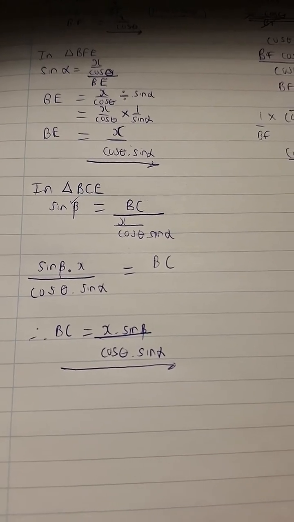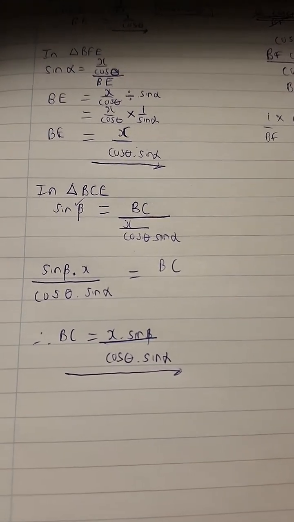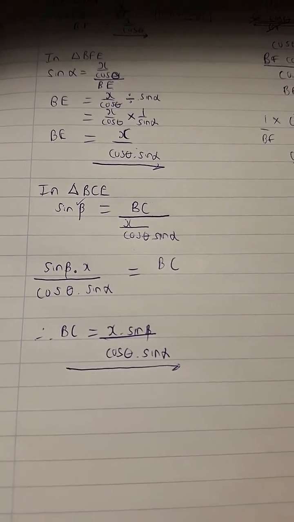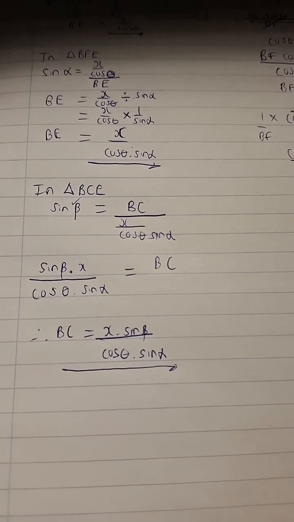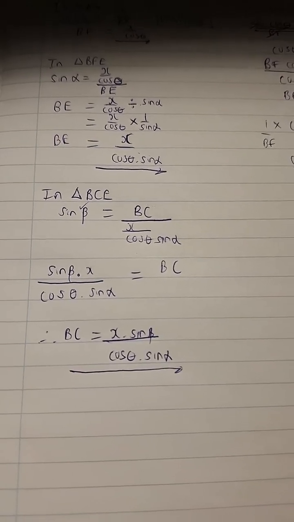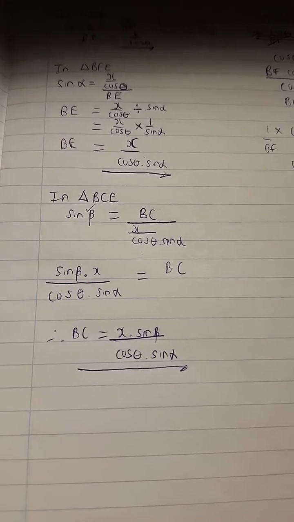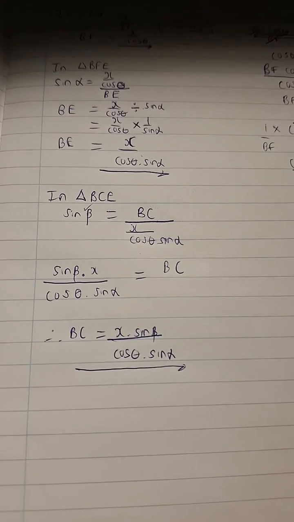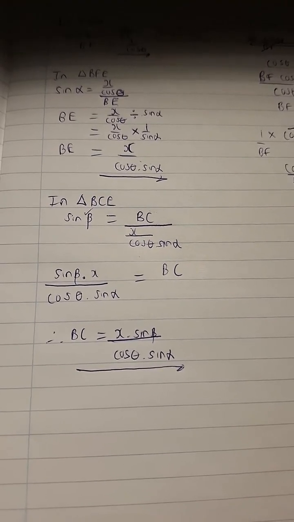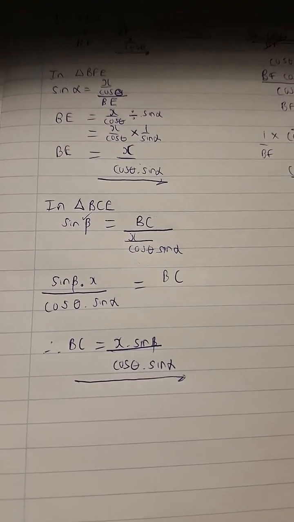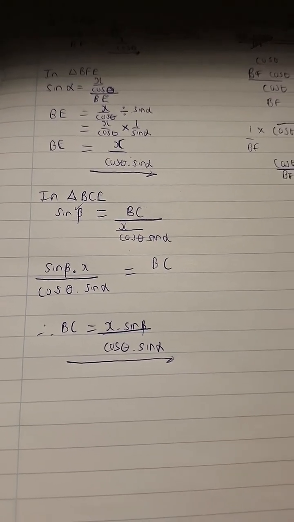What type of triangle? If it's a right angle triangle, we know SOHCAHTOA can be used. But if it is a non-right angle triangle, then we ought to use the rules. And that is the point. We always move from the triangle with the most information to the triangle with the least information.